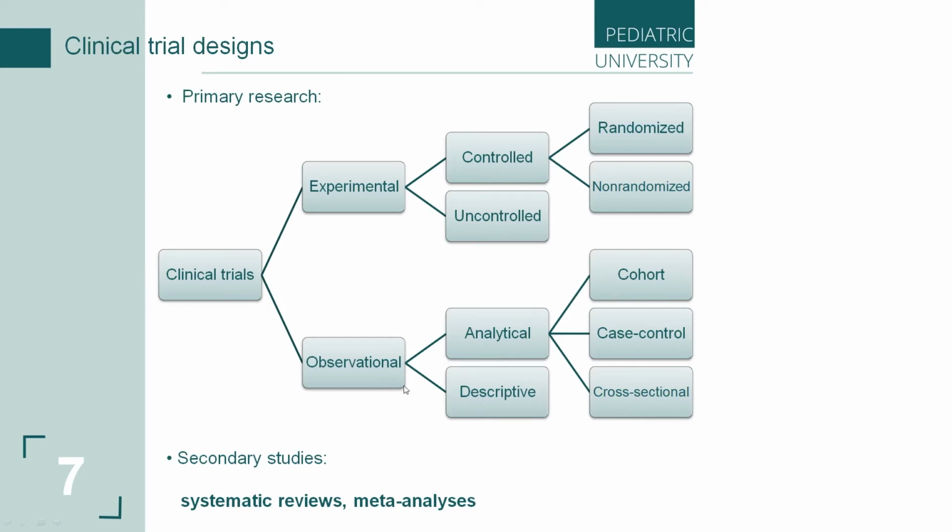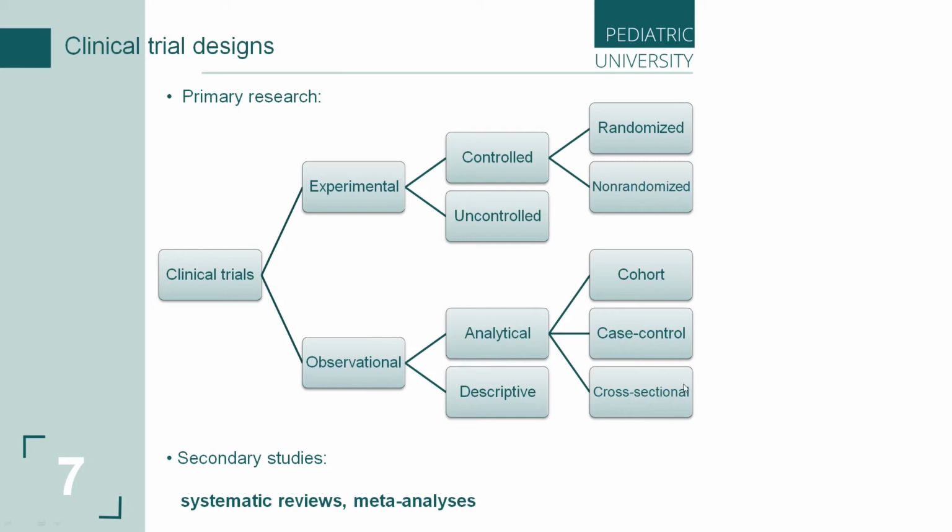Observational research may be descriptive and analytical. Analytical is when we study some relationships, for example, to identify or measure risk factors of the disease, or assess the impact on health of some practical actions. That's an analytical study.